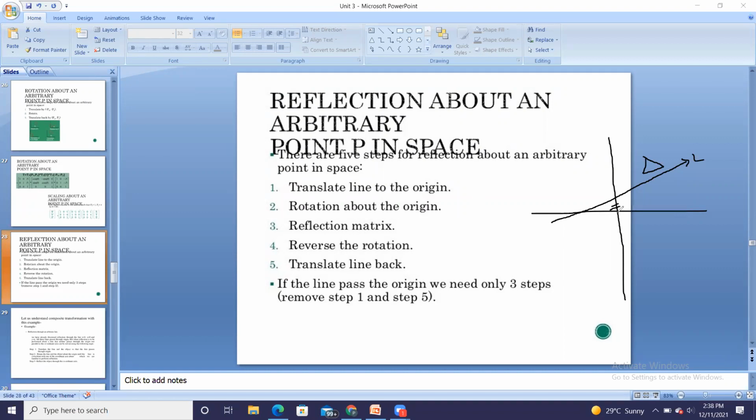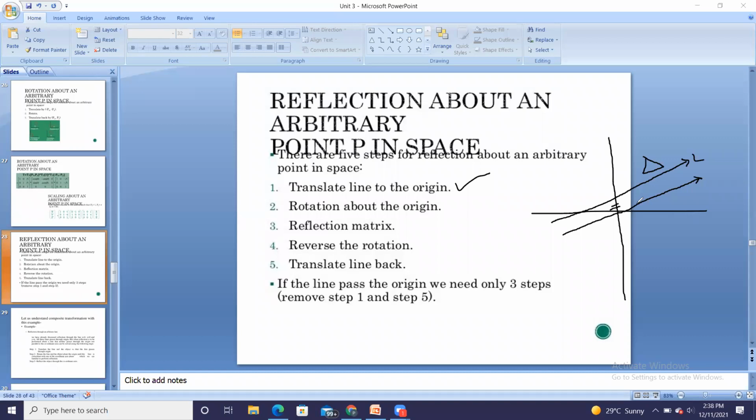You have to shift this point downwards so that the whole line will now pass through the origin. So step number 1 is over: translate the line such that it will pass through the origin.